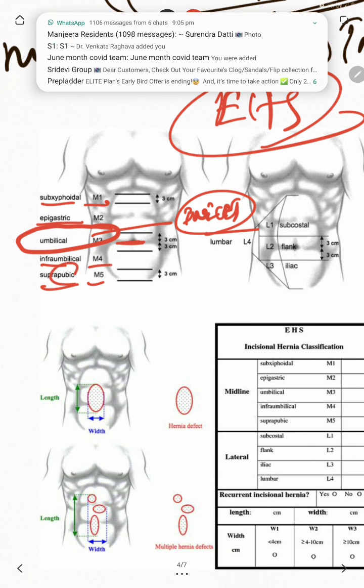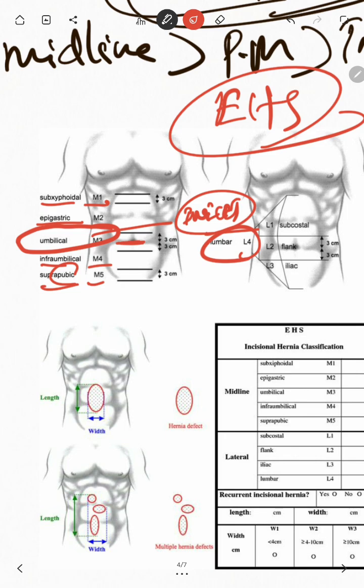And there is also L1, L2, L3 and L4. L4 you can easily remember, it is lumbar hernias; L2 will be your flank, L1 is subcostal, L3 is iliac. The same things are depicted here.